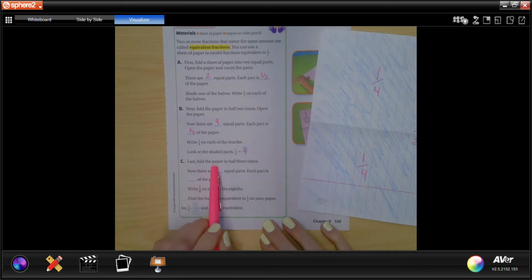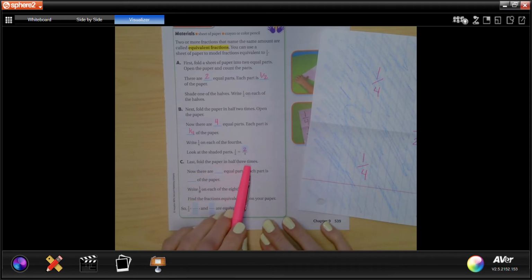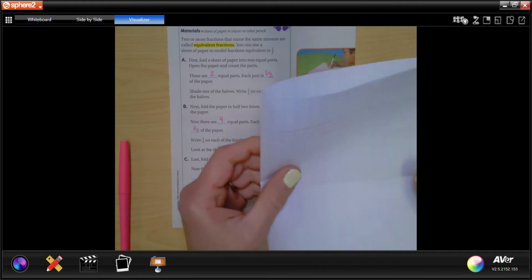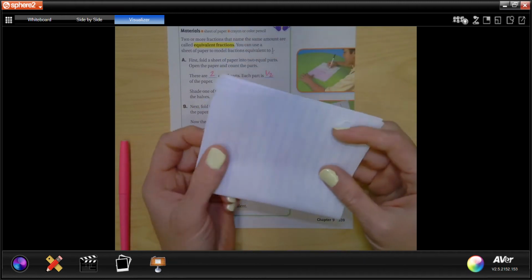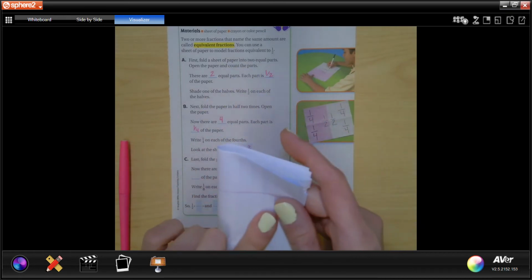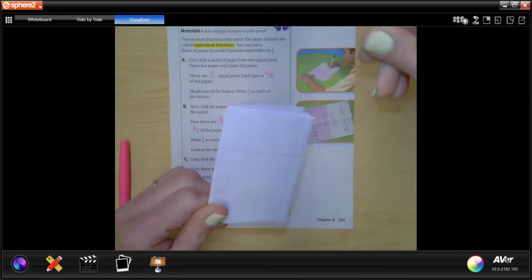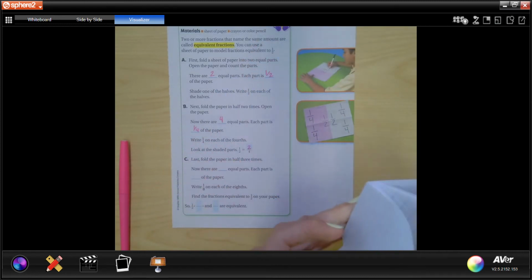Last, we're going to fold the paper in half 3 times. 1, 2, 3. We're going to open the paper.